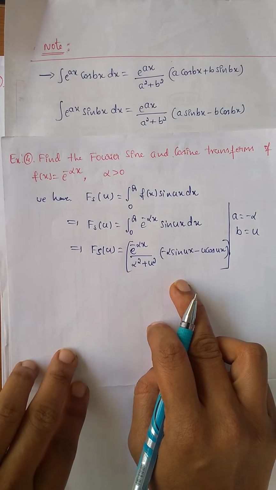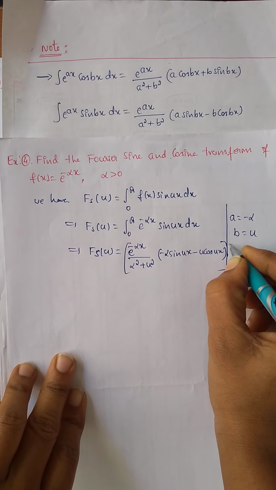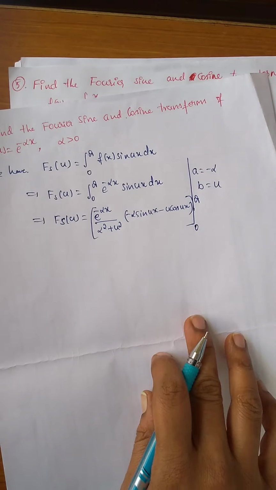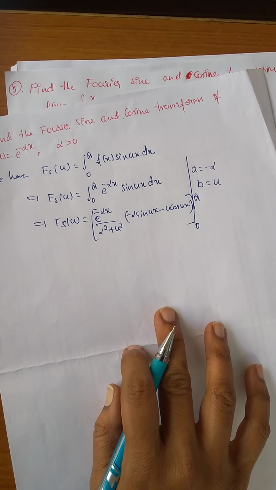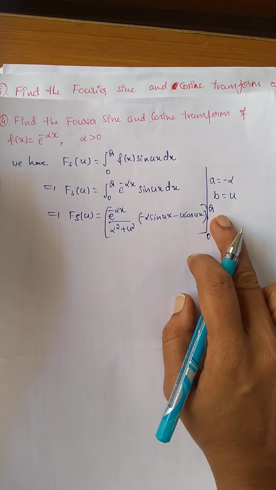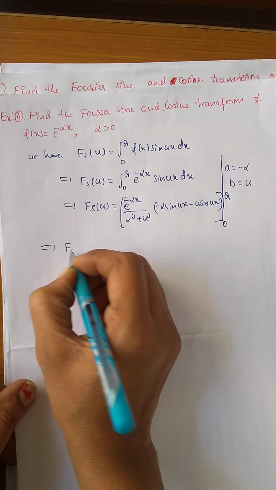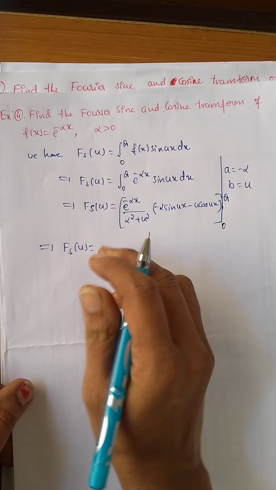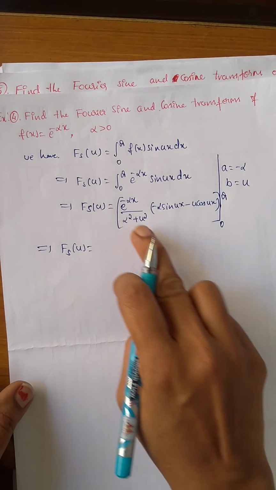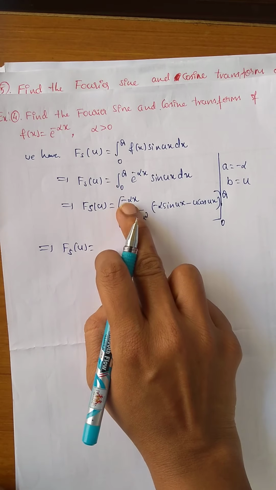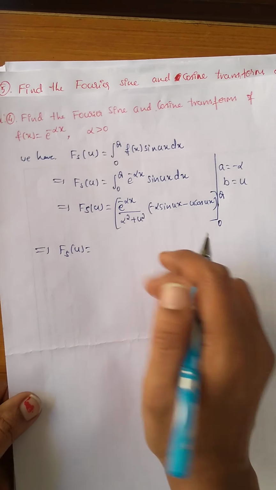After integrating, we should apply the limits from 0 to infinity, upper and lower limit. The upper limit is infinity, the lower limit is 0. If we substitute the upper limit, we replace x by infinity: e to the power of minus alpha into infinity gives e to the power of minus infinity.